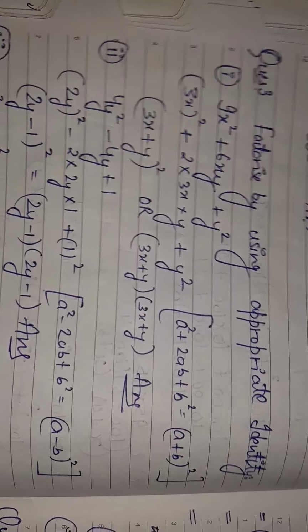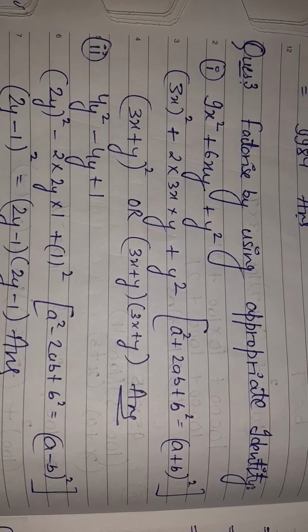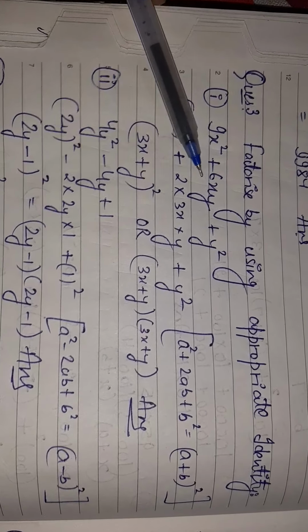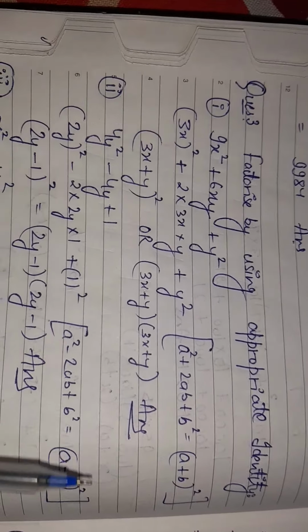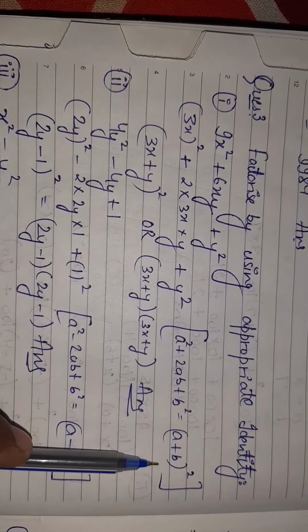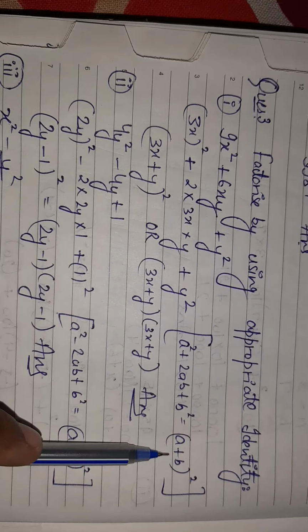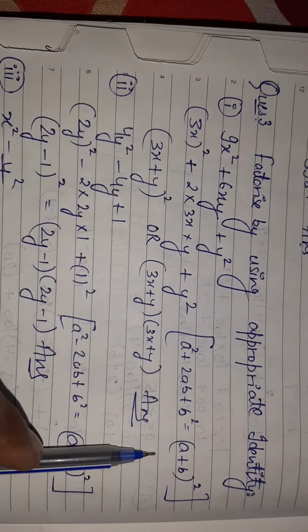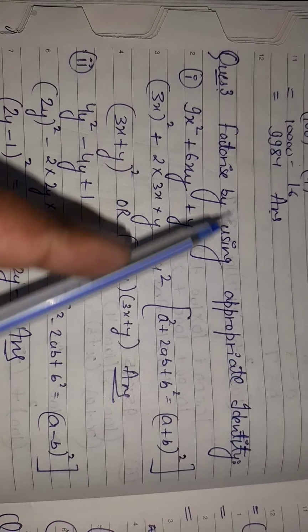The last question of today. Question number 3. Factorize by using appropriate identity. 9x square plus 6xy plus y square. I have told you the formula. a square plus 2ab plus b square is equal to (a + b) whole square. I have to make this in a compressed form. The whole identity I have to compress.